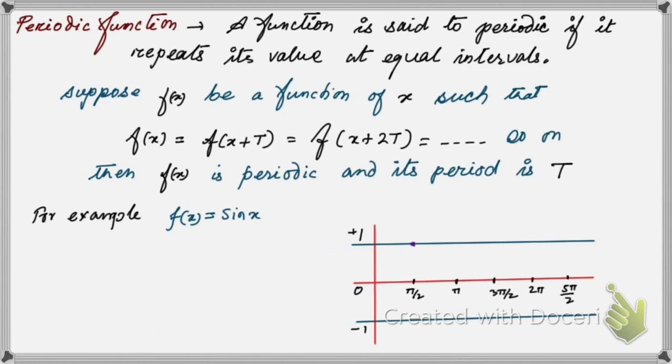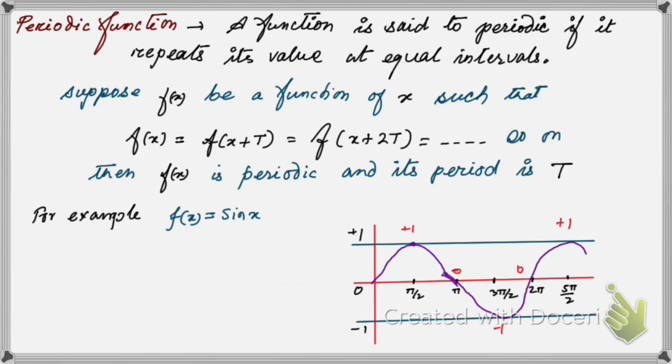At pi by 2 its value is plus 1, at pi again it is 0, at 3 pi by 2 it is minus 1, at 5 pi by 2 it is plus 1, and at twice pi it is 0.